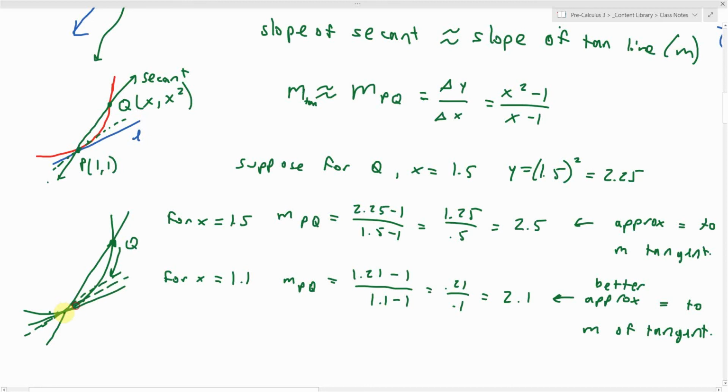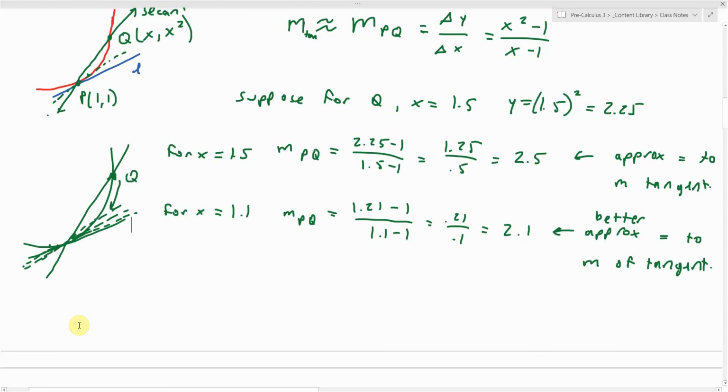As I get really, really close, the secant line is going to get really, really close to the tangent line. So we could say, as Q goes closer and closer to P, the slope of PQ gets closer and closer to the slope of the tangent line.